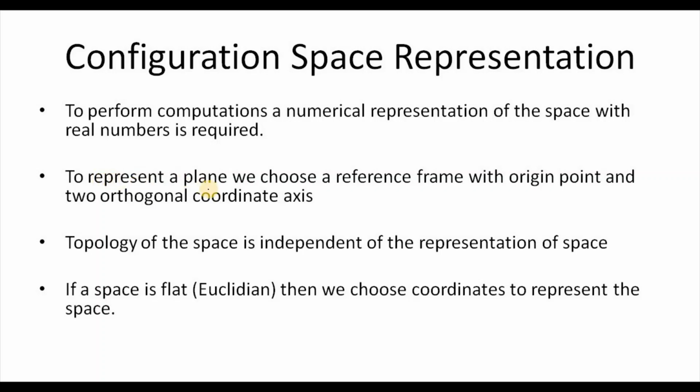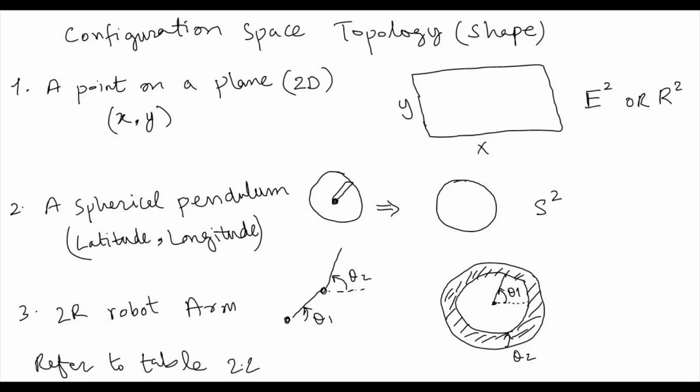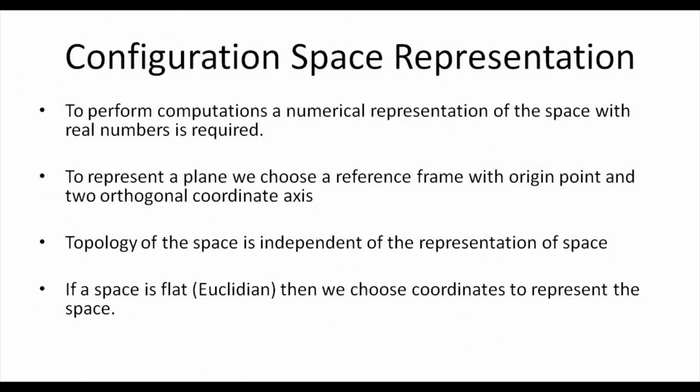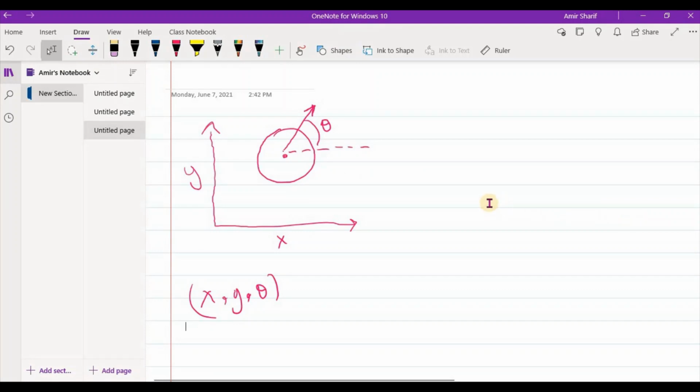To represent a plane, we choose a reference frame with an origin point and two orthogonal coordinate axes. So this is clear, I guess. We have done it so many times. When we want to represent a plane, we make a reference frame with orthogonal axes.